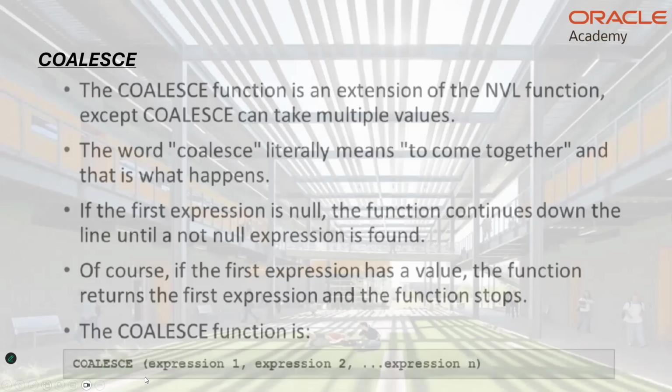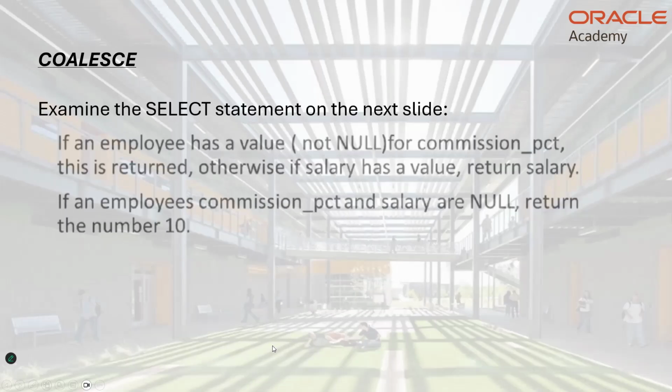And the syntax is COALESCE and then all of your expressions, and you can have any number. And yes, it can have some usage. So let's look at the select statement. If an employee has a value not null for commission percentage, which is a good one to use because there are many employees that do not have a commission percentage.